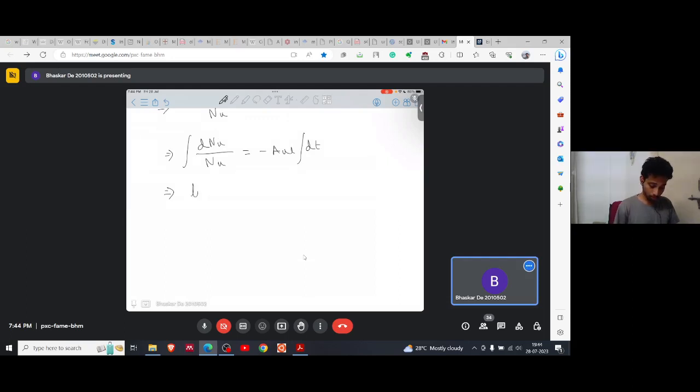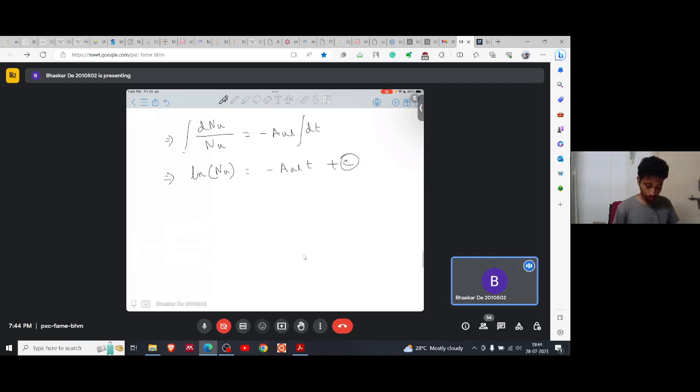So this will give ln Nu equal to minus Aul t plus c. So this is the constant. To get this constant we will just put t equal to 0 and Nu equal to Nu naught. So this will give ln Nu naught equal to c. So the equation becomes ln Nu equal to minus Aul t plus ln Nu naught.